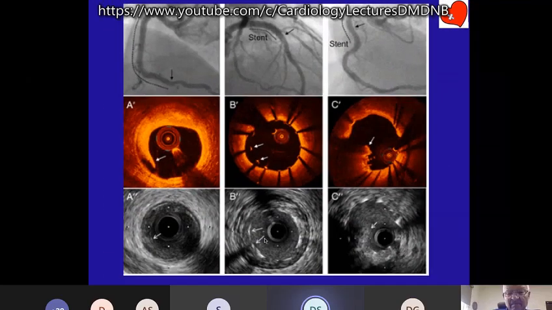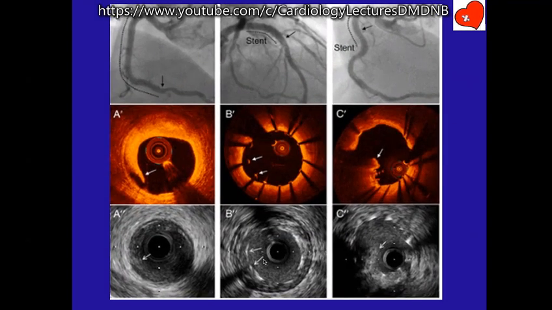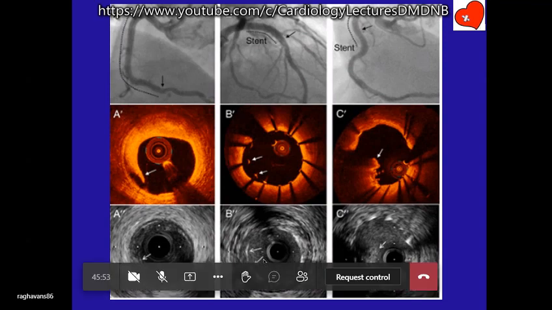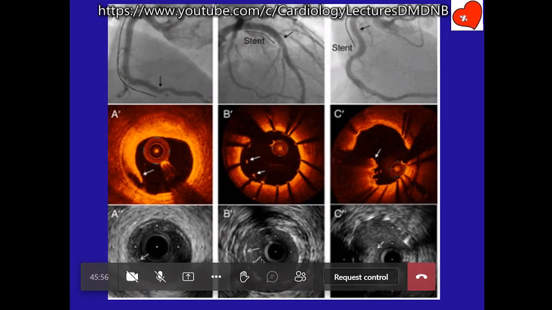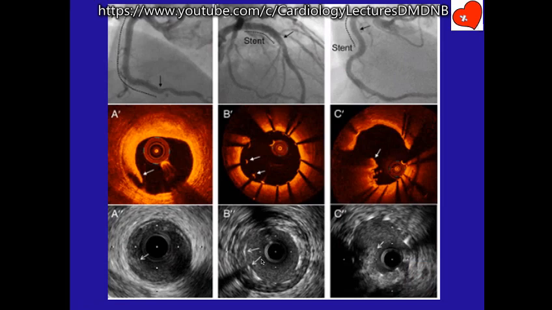And we can see the stent struts, and the arrow mark shown in the picture of OCT shows it is not properly opposed to the arterial wall. So under expansion is one possibility. Don't say arterial wall. Which part of the arterial wall? Intima. Talk in specific terms. Okay, so mal-opposed stent, incompletely expanded stent.